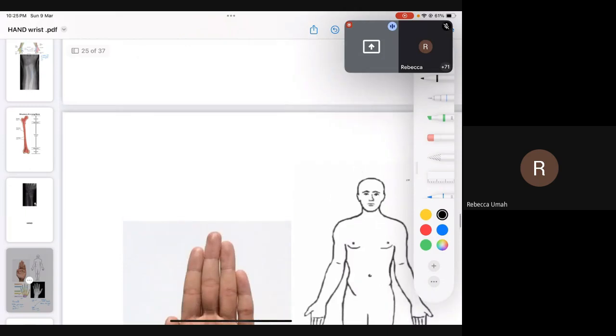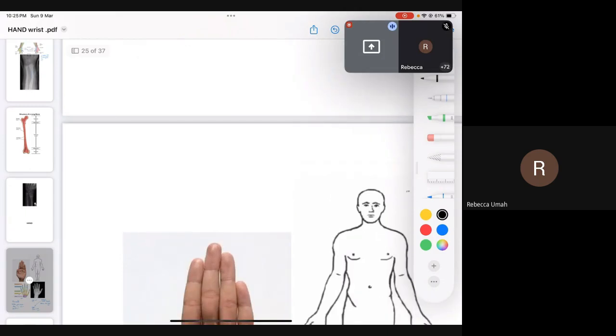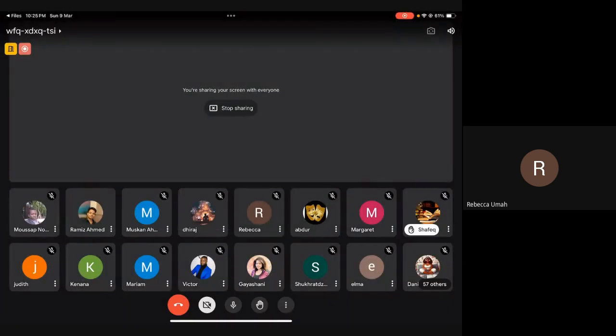So now let's discuss our hand. We already know a lot about the hand and its innervation, so I want you guys to answer. It would be a kind of discussion session, as I already discussed it recently. Can anyone tell me what the extrinsic and intrinsic muscles of the hand are?